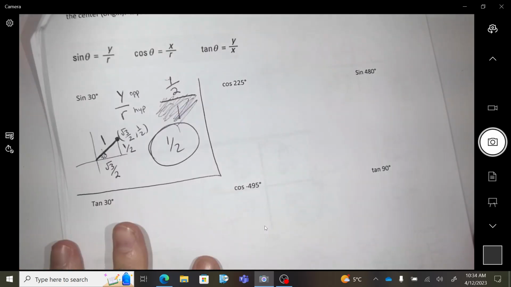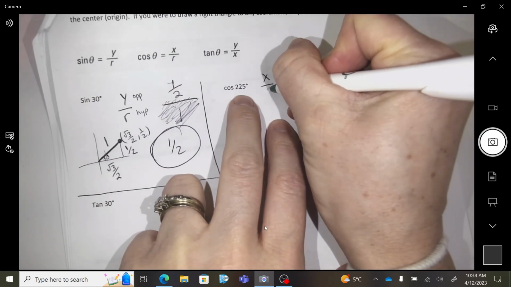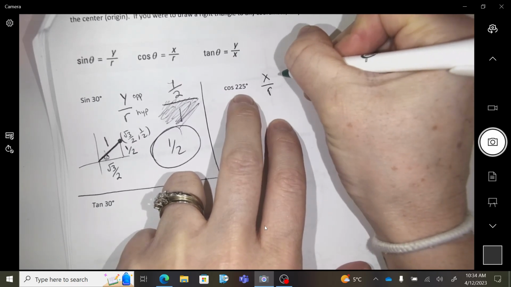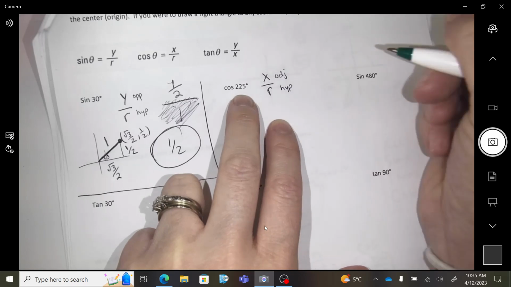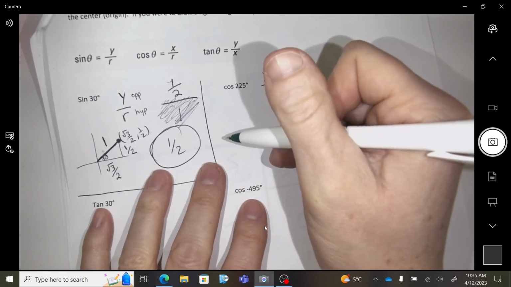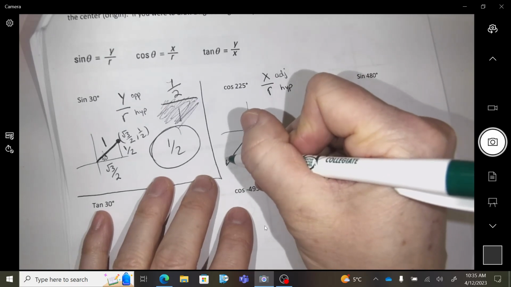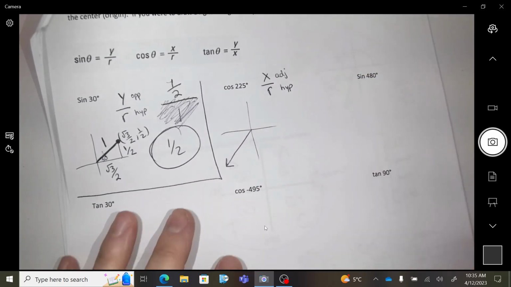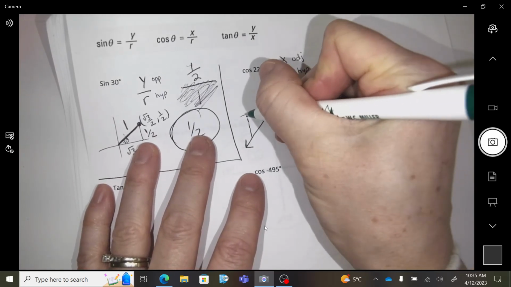225, and we're doing a cos. So cos is me taking the x over the r, which, if some people are doing it the other way, is adjacent over hypotenuse. So 225 is located there.